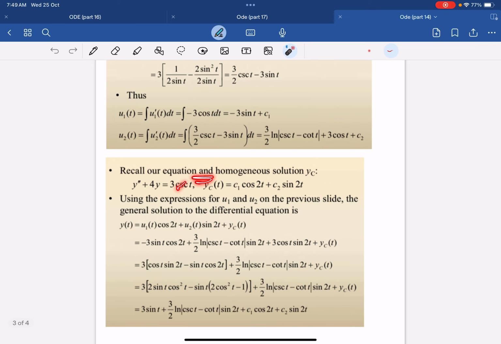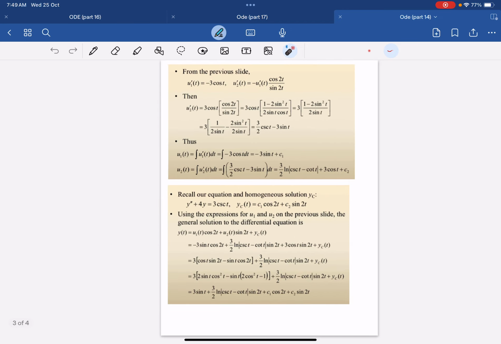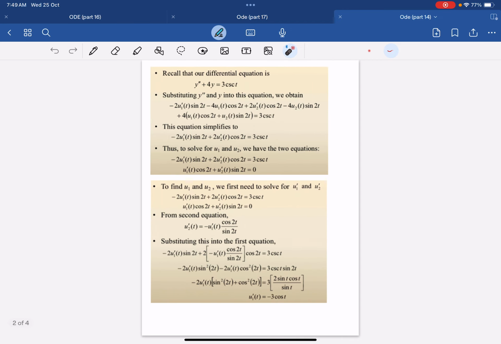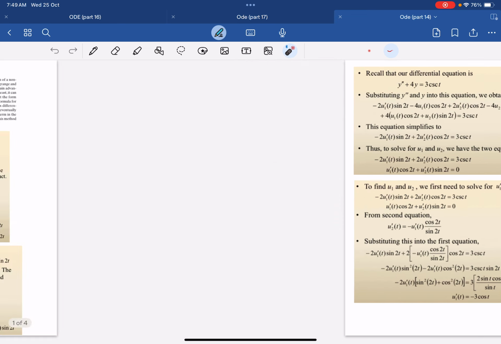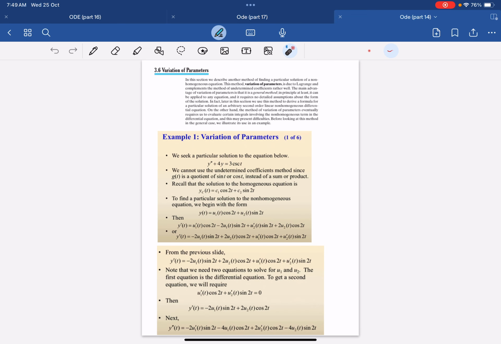And recall that our homogeneous solution yc, we use this expression for u1 and u2 to sub into our equation here, and we get this, because we assume this will be the form of our general solution in the first place, and we see that we are able to solve for u1 and u2. So this allows us to find the general solution to this equation.